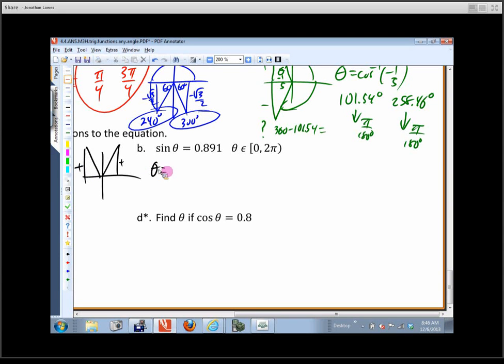So theta is going to be equal to, so I'm expecting an angle that's less than 90. So if I do sine inverse of 0.891, what do I get? 62.99? Is that right?